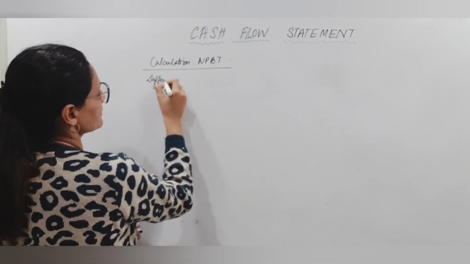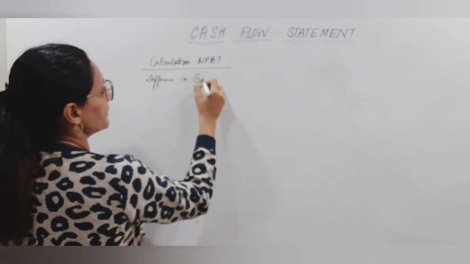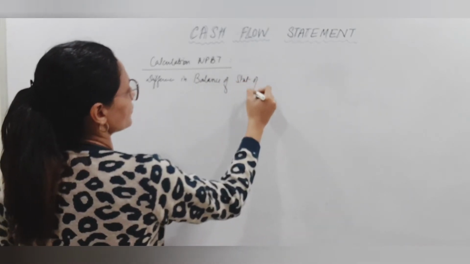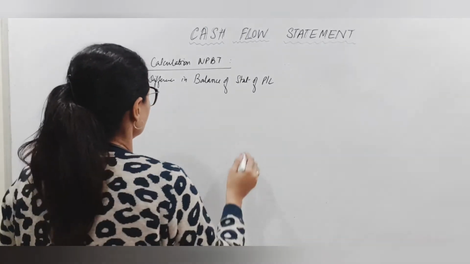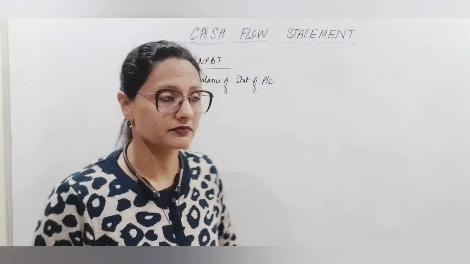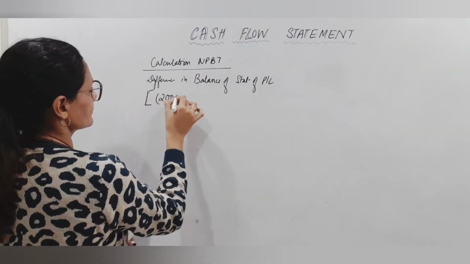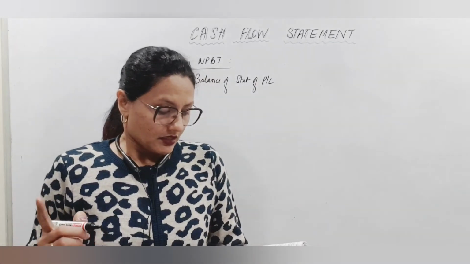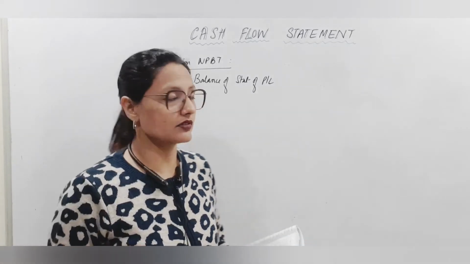Now, difference in balance of statement of profit and loss. That's my first figure I need to take, right? Difference kitna? Opening balance is a negative figure, 2 lakhs. And the closing figure was 5,50,000.